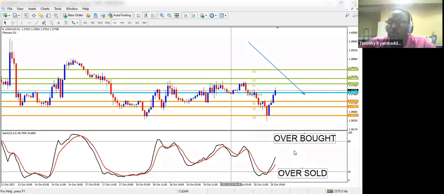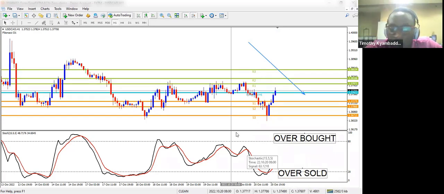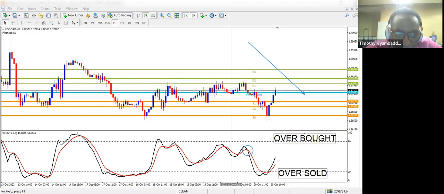Okay, so because our bias is on the downward side, we're looking for situations where these moving average lines cross over and begin to show downward motion, or we're looking for situations where this happens in the overbought region.